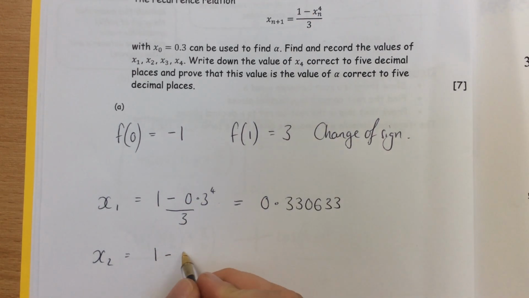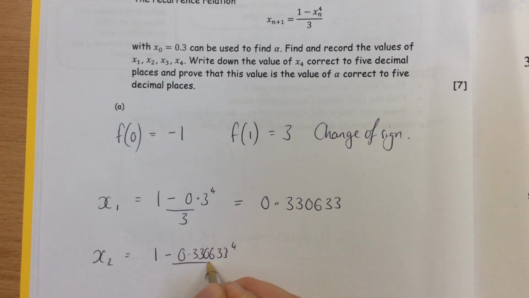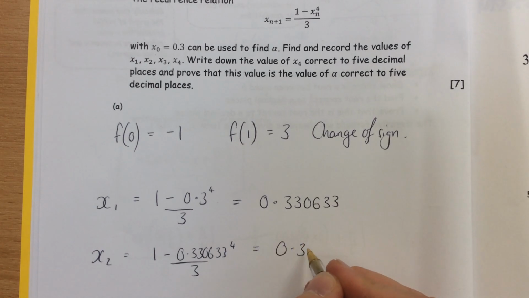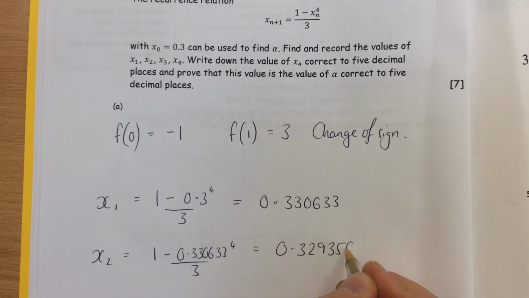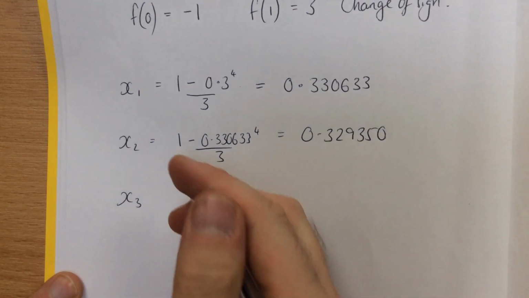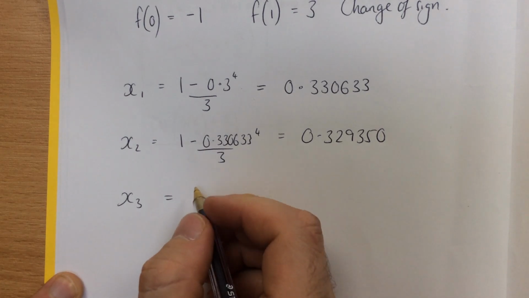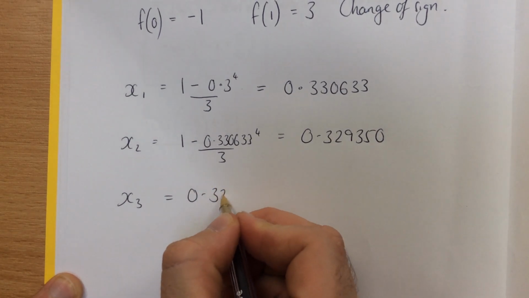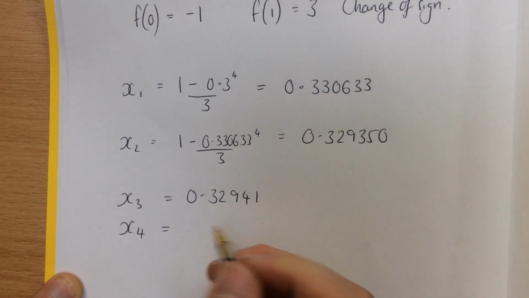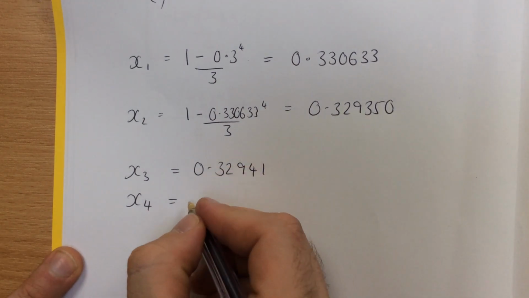So this will be 1 minus 0.330633 to the power of 4, all divided by 3, which will give me x2 of 0.329350. Repeat that process again. This is where you'll see that this gets rather repetitive rather quickly. Repeat the whole process again. x3 will come out as 0.32941. Do it again. x4, which they've asked for, will come out as 0.32941.